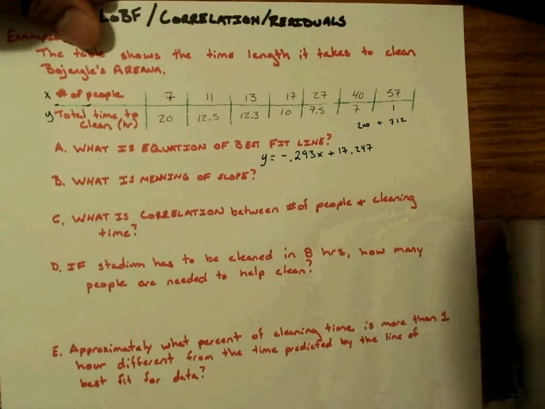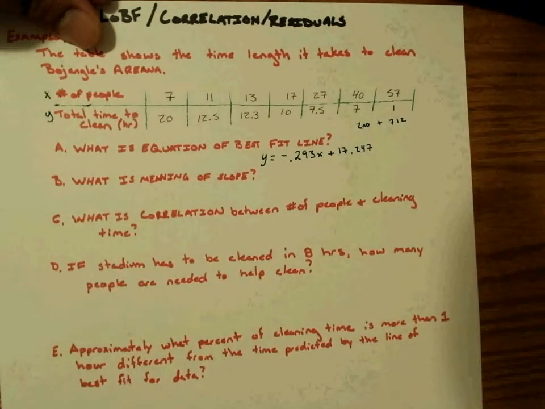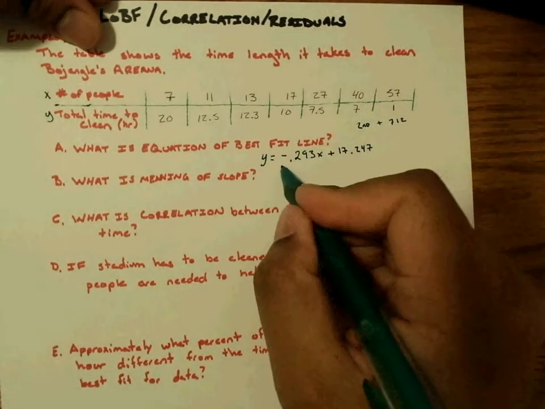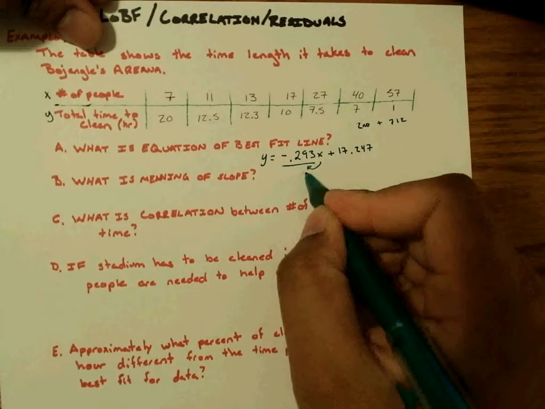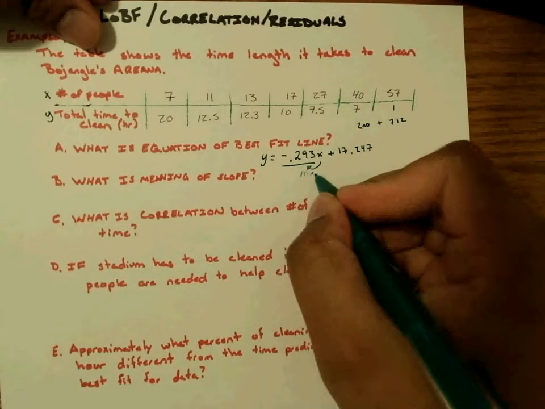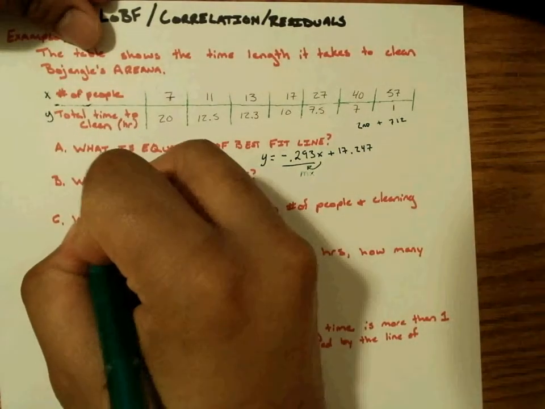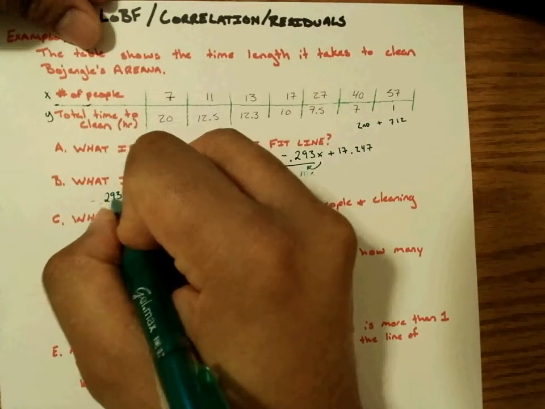Part B asks us, what is the meaning of the slope? In order to find the meaning of the slope, we have to know what the slope is first. The number in front of x is our slope, because we know that is mx. So our slope is negative 0.293.